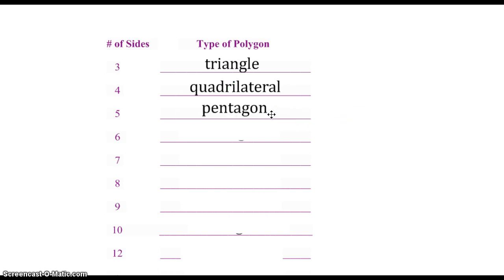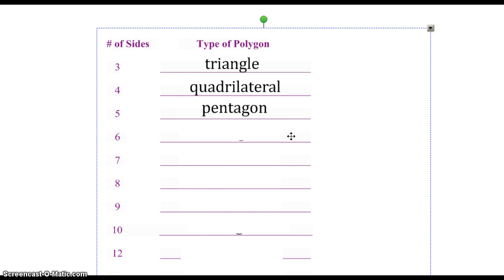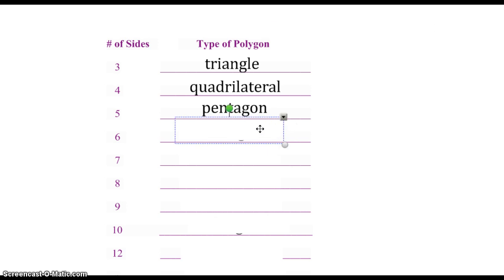Five-sided, pentagon. Six-sided figure, we should all pretty much know, hexagon. Seven-sided figure, please be careful, it is not septagon, that's what a lot of people think, but it is heptagon. A seven-sided figure is what we call a heptagon.